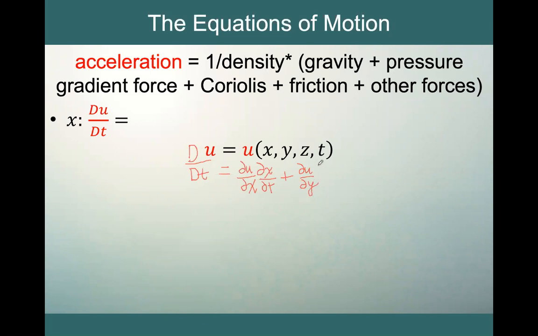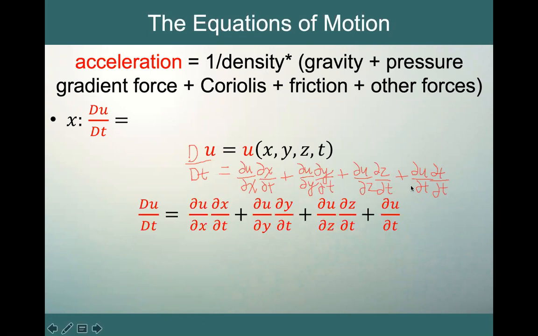And we also need to take the chain rule, so we do dy/dt. Then we can take the partial derivative of u with respect to z. And again, the chain rule gives us dz/dt. And then we still now can take ∂u/∂t. And we can write the chain rule here if we want to, dt/dt. But we know that's just one.